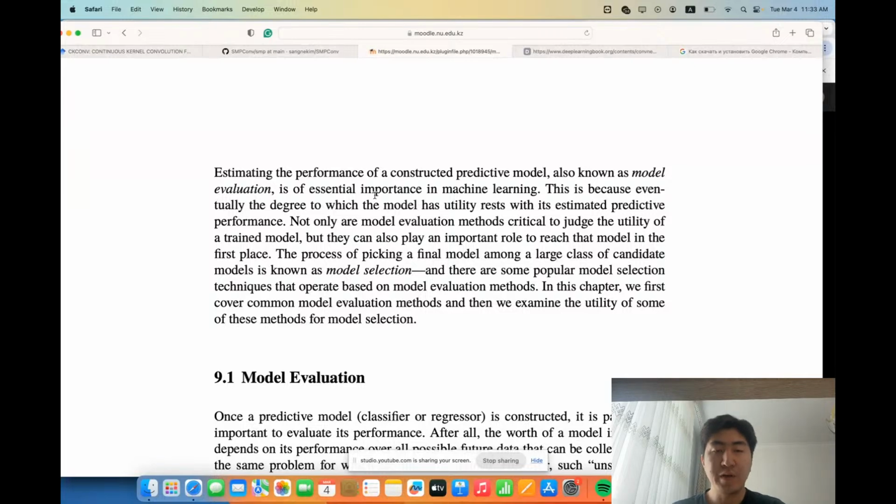The process of picking the final model among a large class of candidate models is known as the model selection process, which I have talked about before. There are some popular model selection techniques that operate based on model evaluation methods. In this chapter, we first cover common model evaluation methods, and then we examine the utility of some of these methods for model selection.